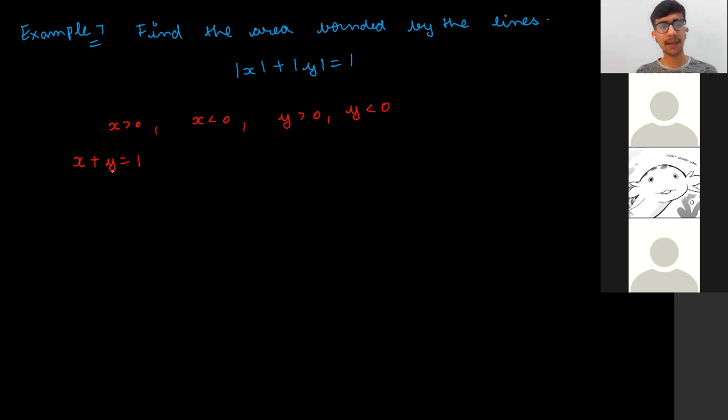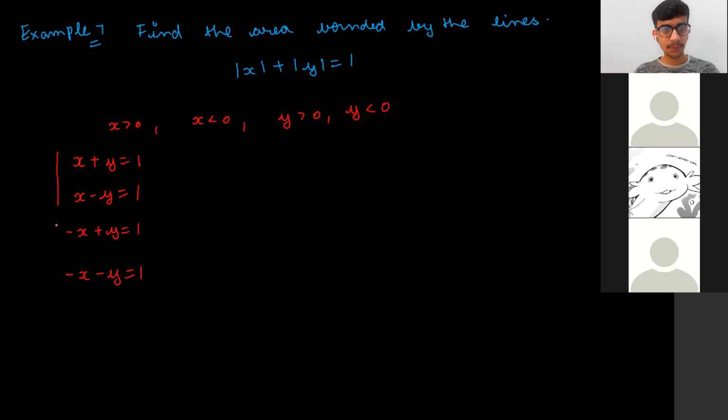In this case you need x positive and y positive. Another case is x minus y equal to 1 when y opens with a negative sign. So x plus y equal to 1 is when both x and y are positive. When x is positive, y is negative. The other cases are when x is negative, y is positive, and x is negative, y is negative, and each of them is equal to 1.